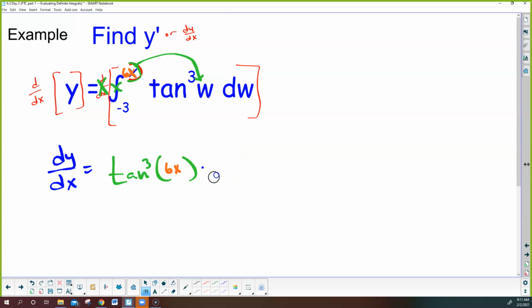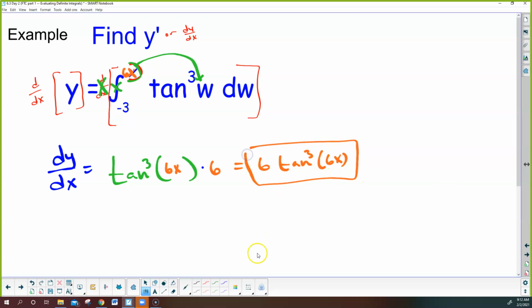So the dx, the derivative of 6x, is 6. So if I change that to a 6, this would be my final answer. And it's all because the derivative and the integral are inverse operations.